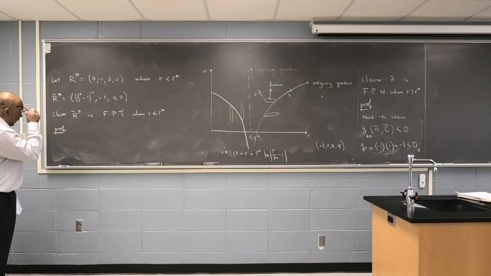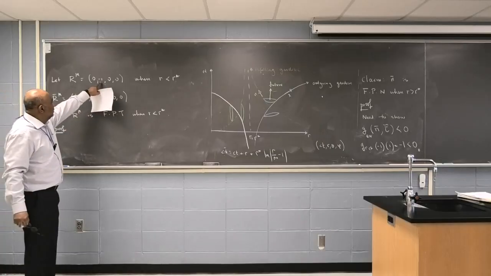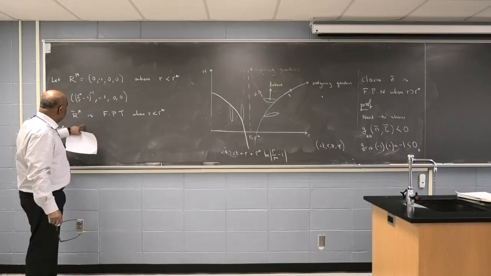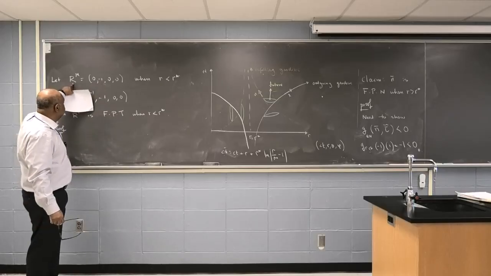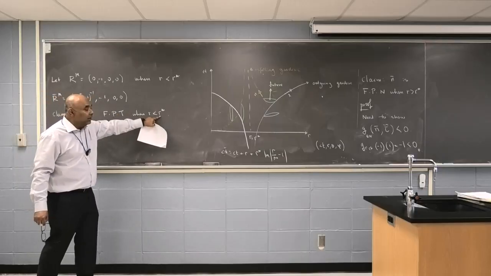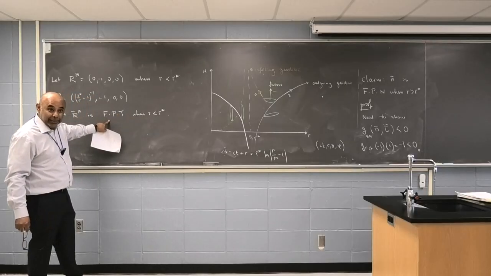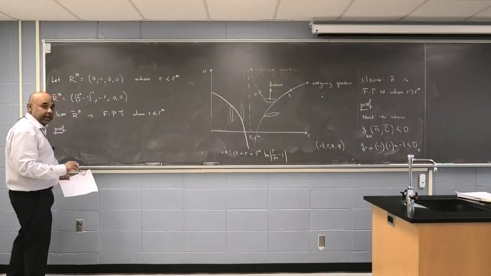So what I'm claiming is, look at this. This is in the Schwarzschild coordinate system, it's negative radius, falling negative r, not in time. What am I claiming? That this vector inside r equals r star is what? Time-like. Negative r is time-like. That's the claim.